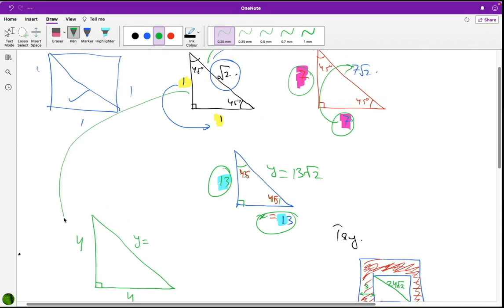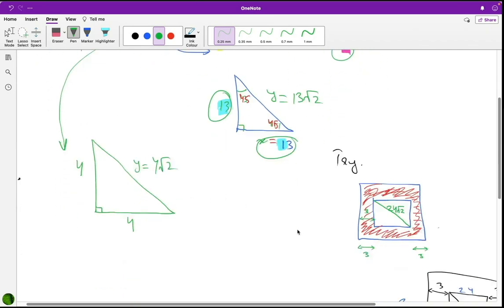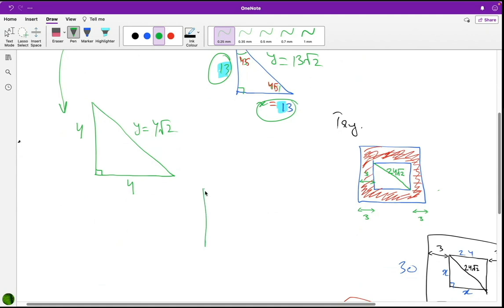Is this triangle 4 times larger? It is, yeah. So every side would be 4 times larger. If I make another triangle and I tell you that this is 40 and the angles are 45, 45, 90, so what is this x equal to?